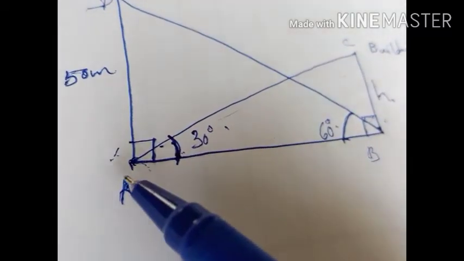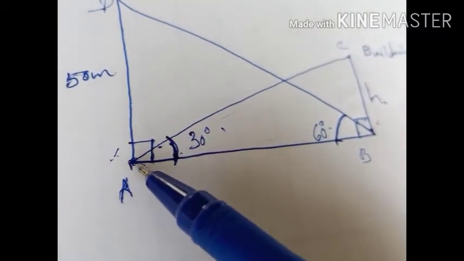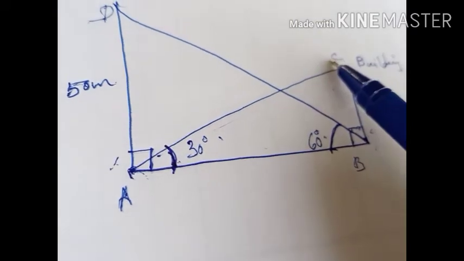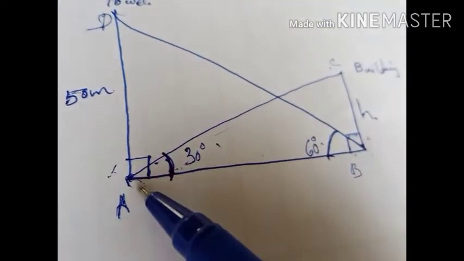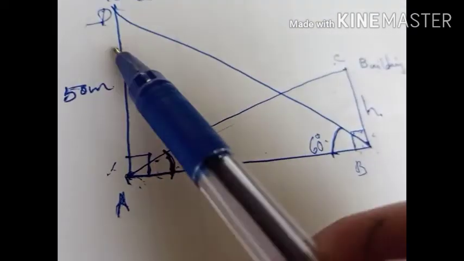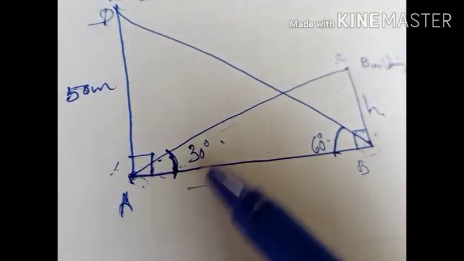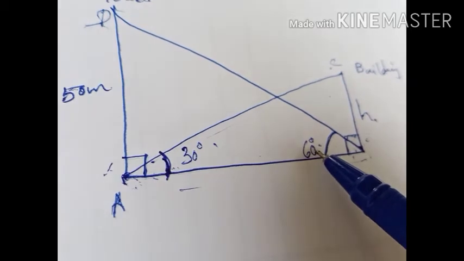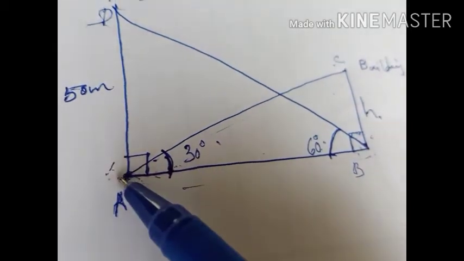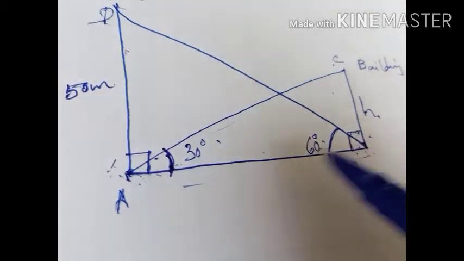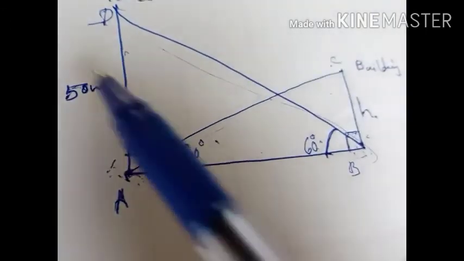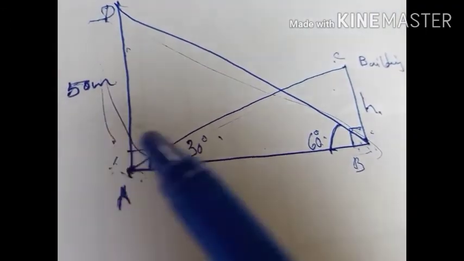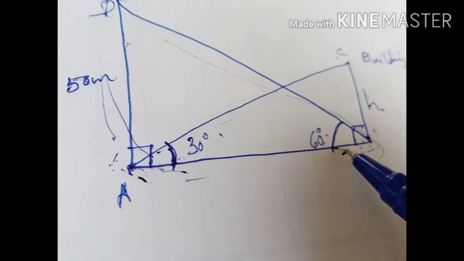Then here we have to consider right triangle ABC and right triangle BAD. These are the two right triangles that we have to consider. When we consider right triangle BAD, this part is known and AB we can find.